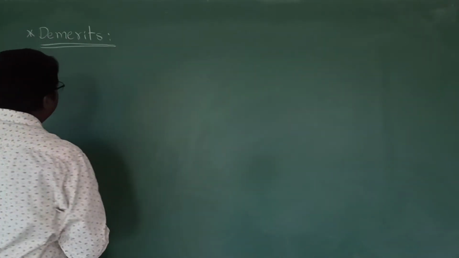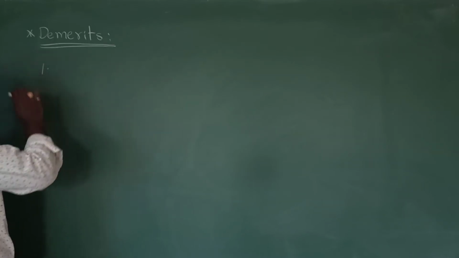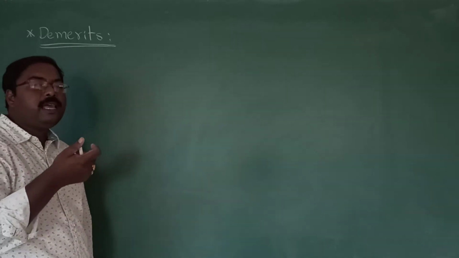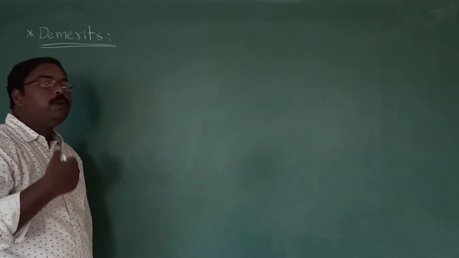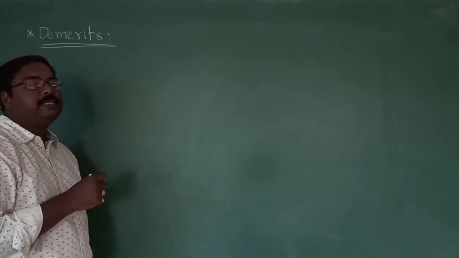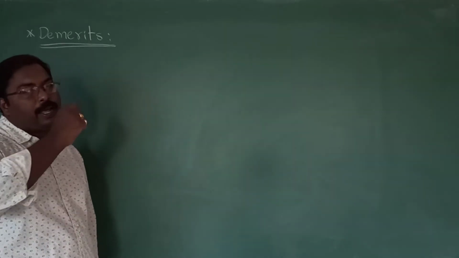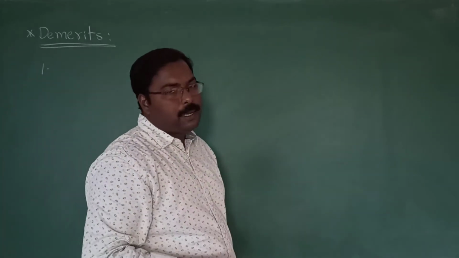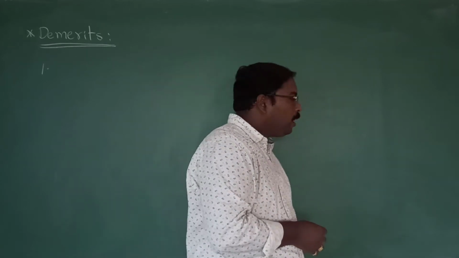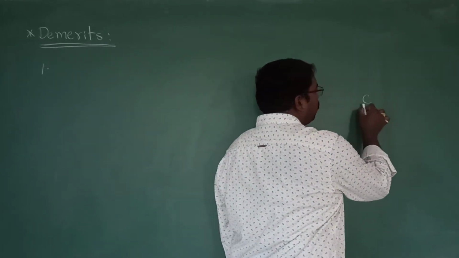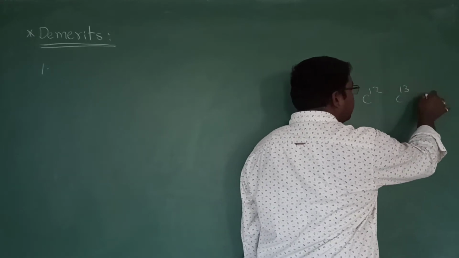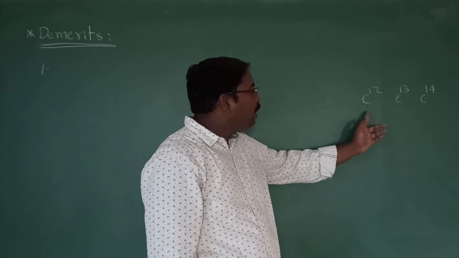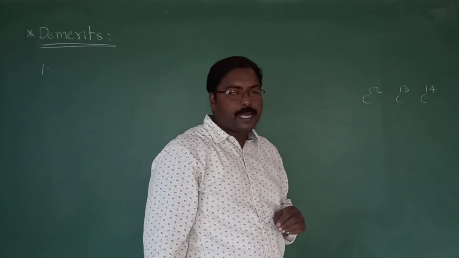Now, coming to this, the first demerit is that this classification, or his periodic law, is based on atomic masses. But we know the properties of the elements are not a periodic function of atomic weights. How do we prove it? Just yesterday we discussed one example in the case of isotopes. The isotopes of carbon, for example, all have different atomic masses.